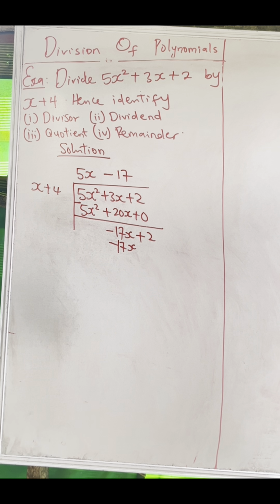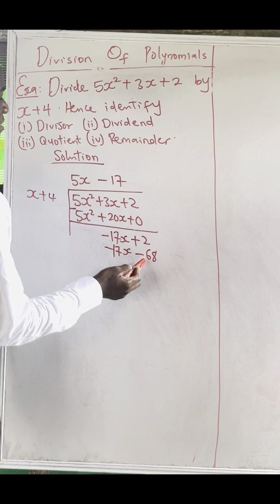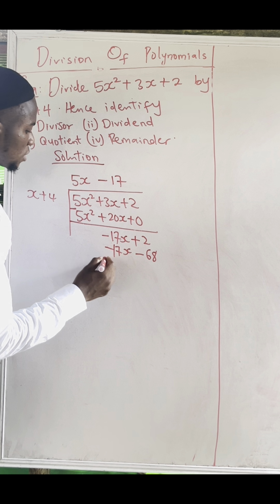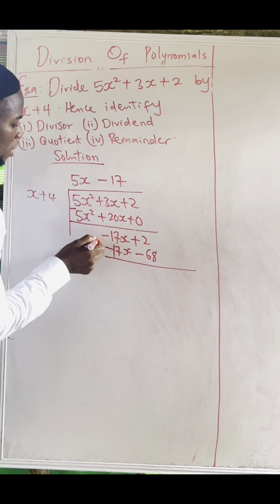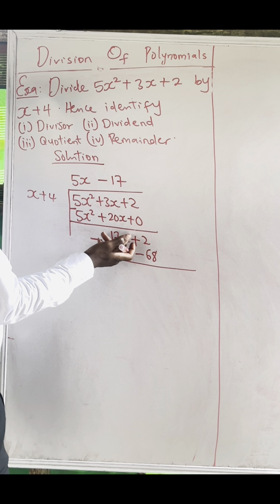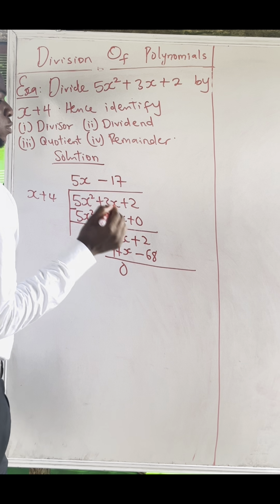Then we are going to do minus 17 times 4. That is minus 68. So the next thing I'm going to do now, guys, is draw this line, then do the subtraction. So, guys, you know, minus 17x minus minus 17x will be 0.